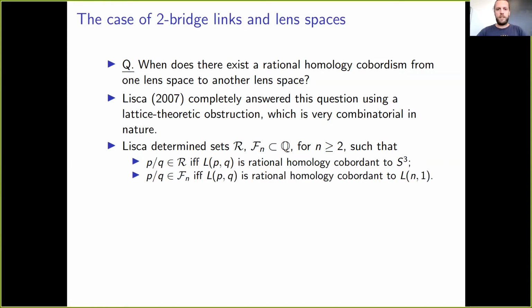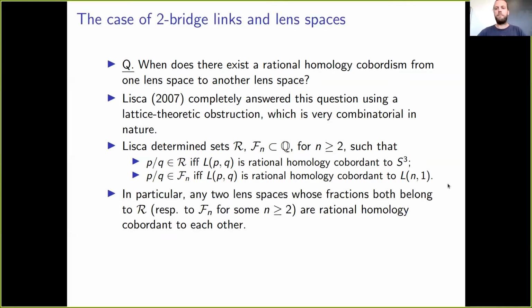Whereas these other sets, F sub n, are characterized by the property that a rational number is an element of F sub n precisely if L(P,Q) is rational homology cobordant to the special lens space L(n,1).